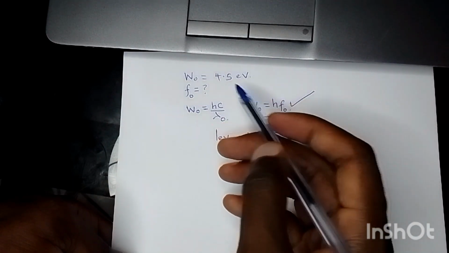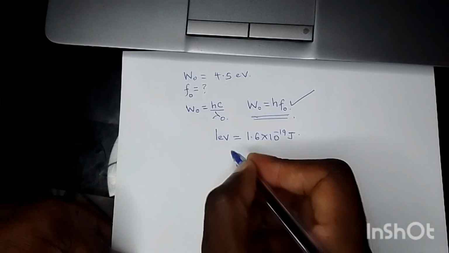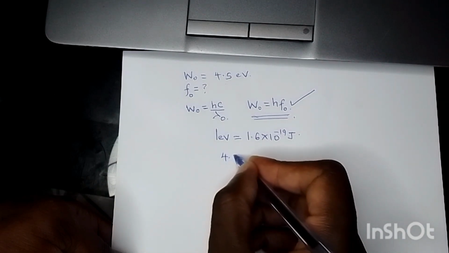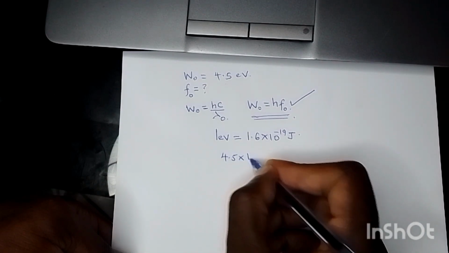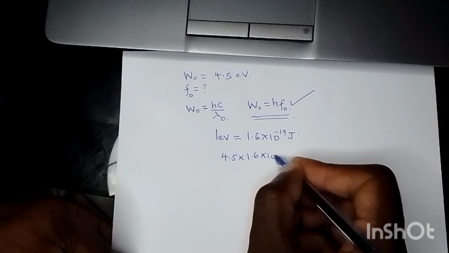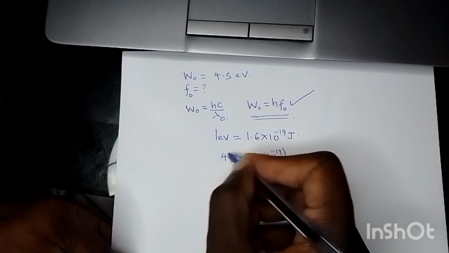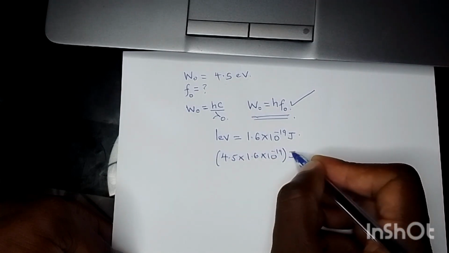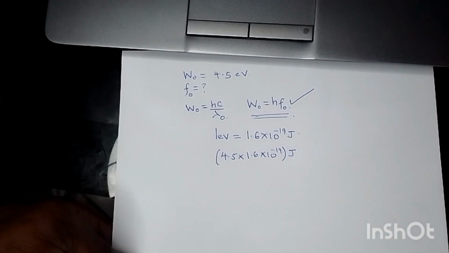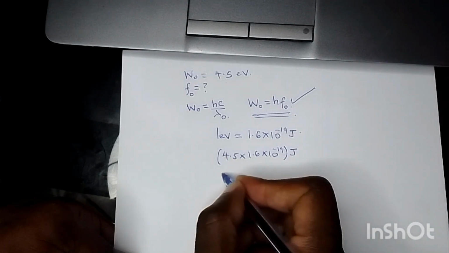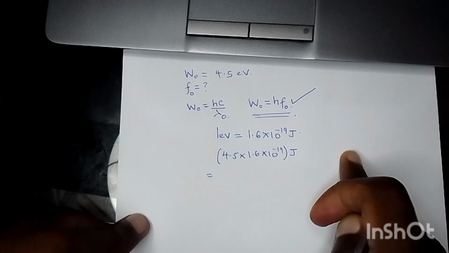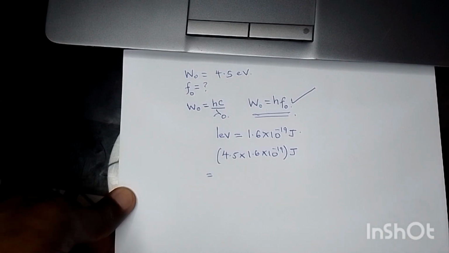Therefore, 4.5 electron volts will be 4.5 times 1.6 times 10 to power negative 19. My answer here will be in joules. From my calculator, I'll just multiply 4.5 by 1.6, then I'll harmonize the power later.